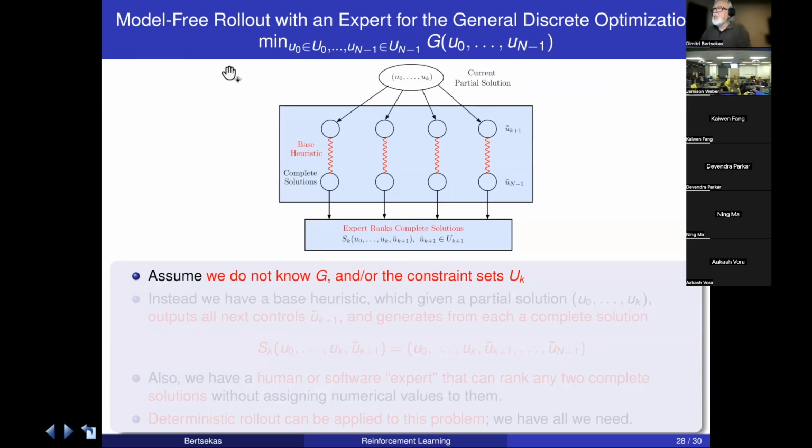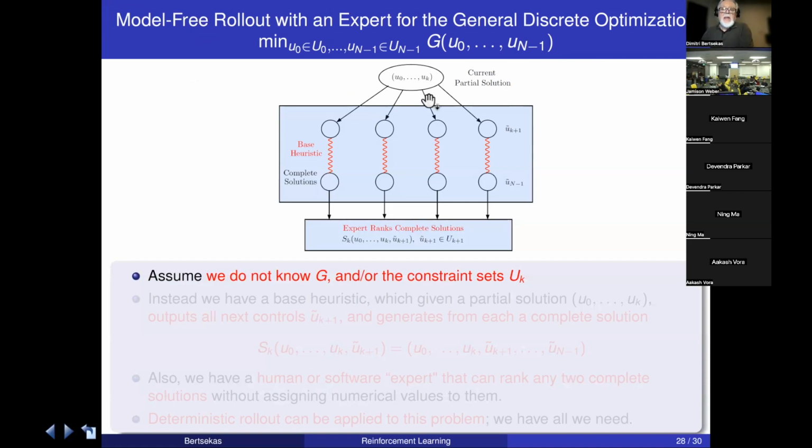By model-free, nothing is model-free in reinforcement learning. There's always a model, but we tend to call a method model-free if the model is inside a computer as opposed to being explicitly known via equations that you can visualize and understand.